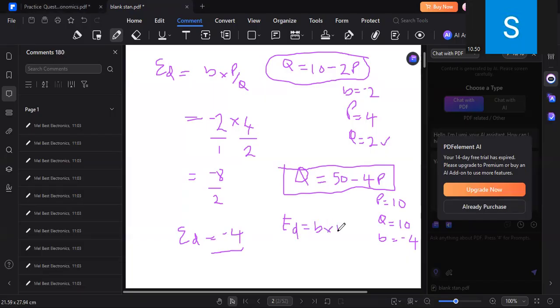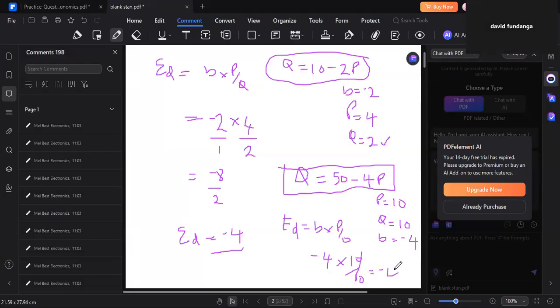What is our B? -4. Our price, 10. Quantity, 10. When we calculate, we're going to get our elasticity as -4 as well. What is the comment? Elastic. Yes, it is elastic.